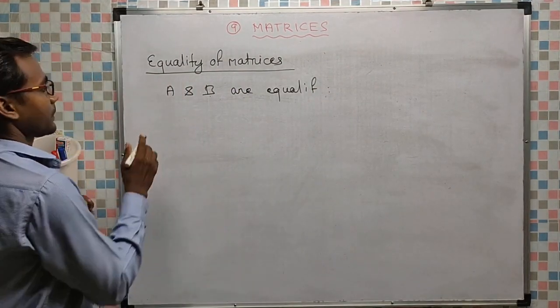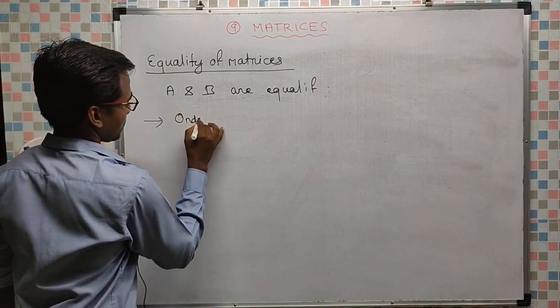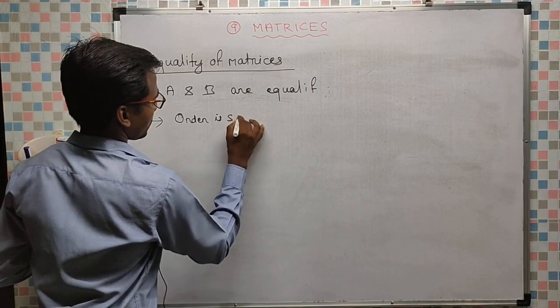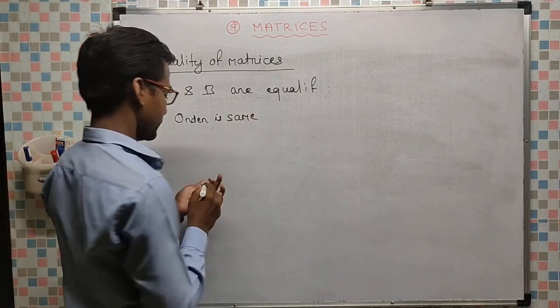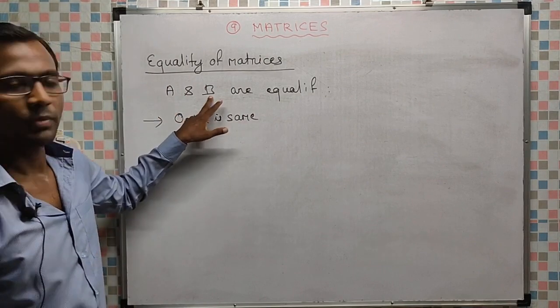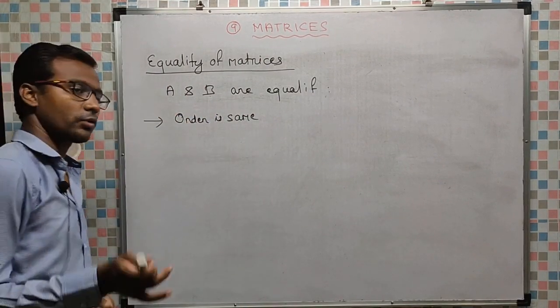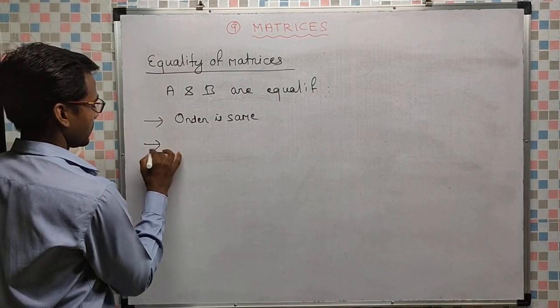The first condition is the order is same. If the order of A is 2 by 4, the order of B should also be 2 by 4. Means same order.